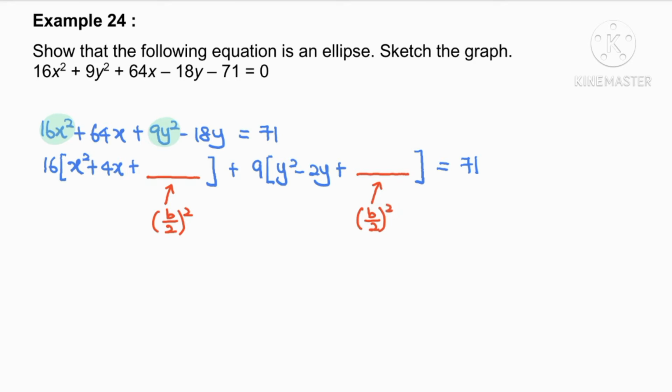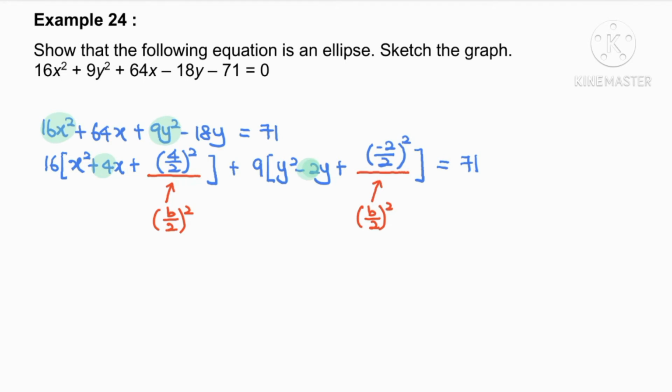So the value of b here is positive 4 and over here is negative 2. So we have to add this constant because we want to create a perfect square trinomial. So over here we have plus 4 over 2 squared. And over here we plus negative 2 over 2 squared.